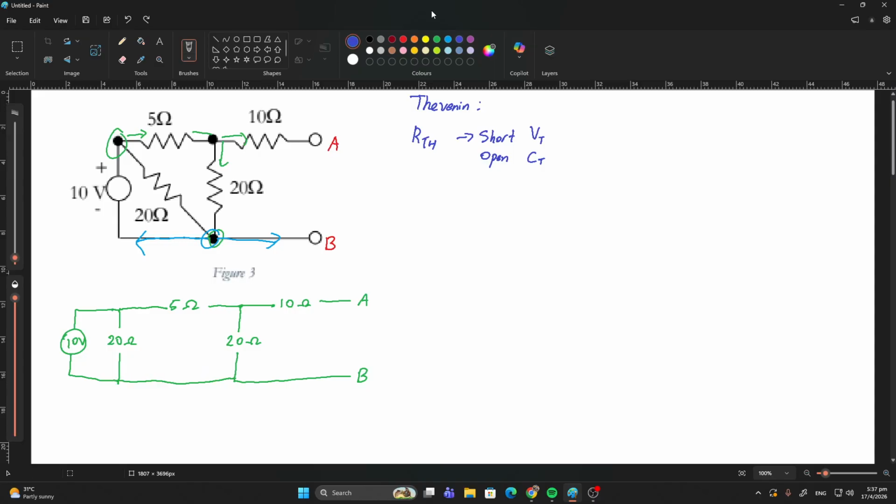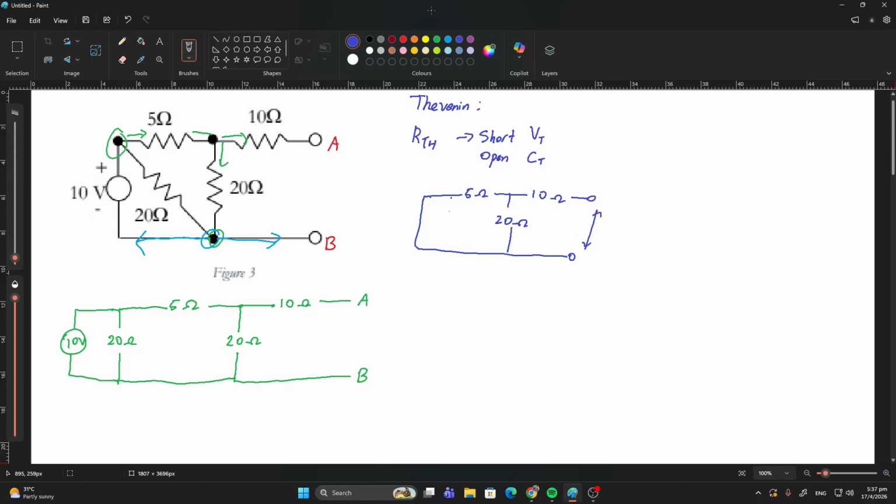Back to the question. Now that we have shorted our circuit, I'm just going to draw a very simplified version. We have a 5 ohms, 10 ohms, coming down we have a 20 ohms, and we shorted it like this. And then over here, if I were to put a multimeter, what is the resistance measured?